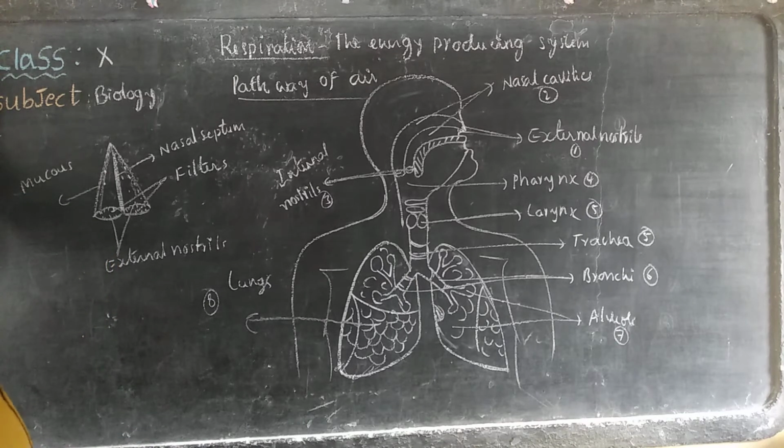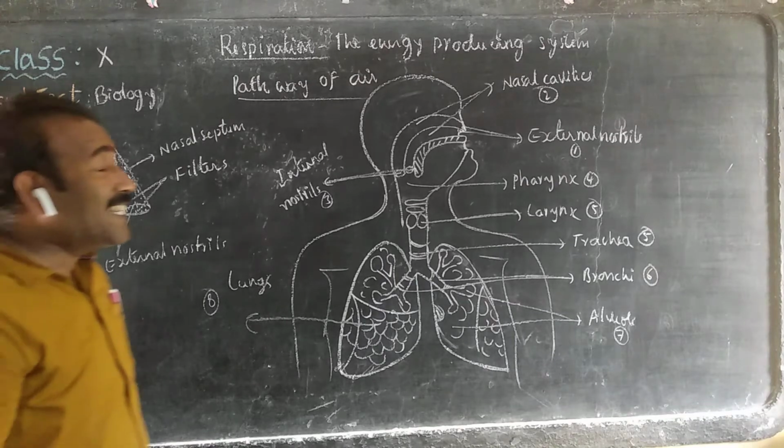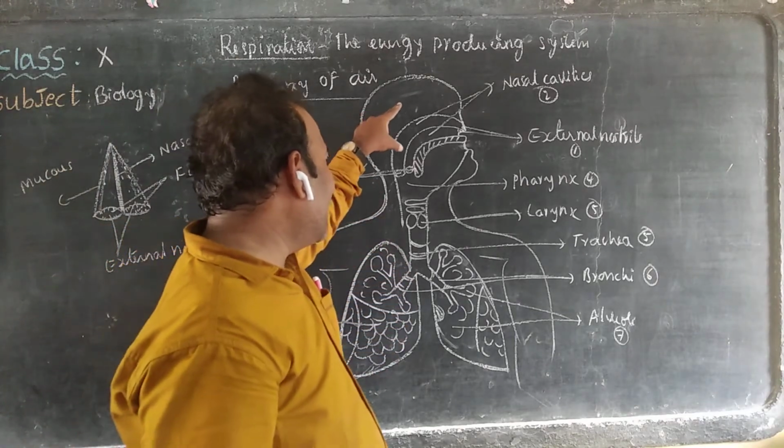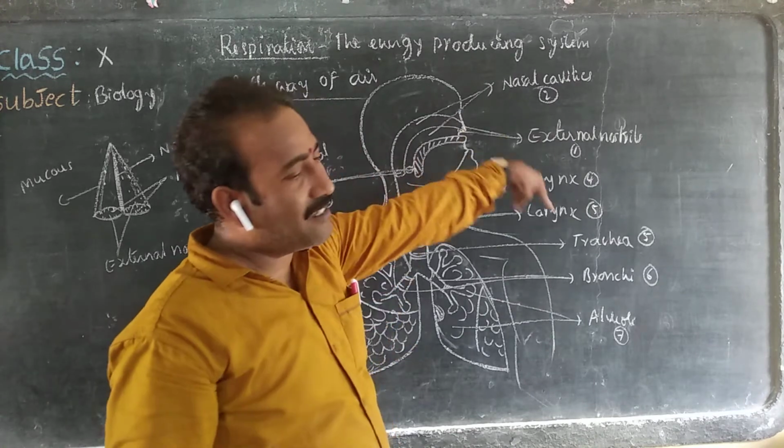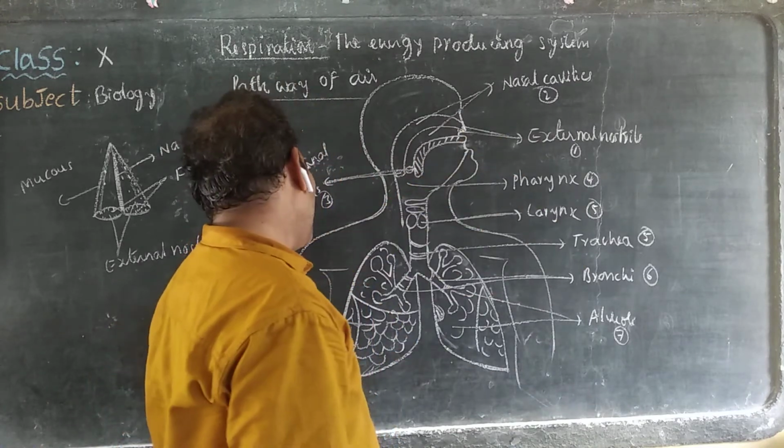Generally, the air in the surroundings is hot and dry. It contains less moisture. When such hot and dry air enters and leaves the lungs, what will happen?